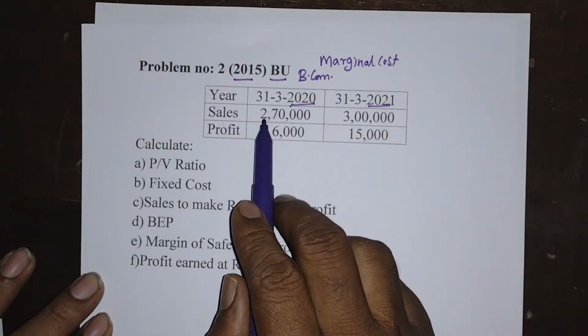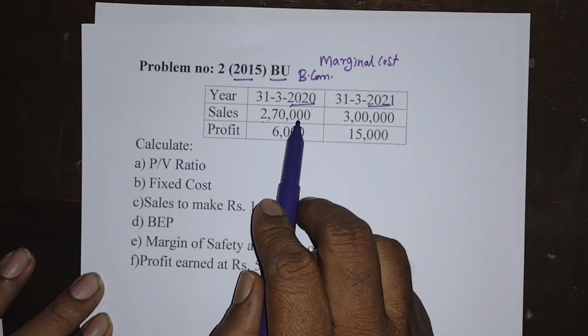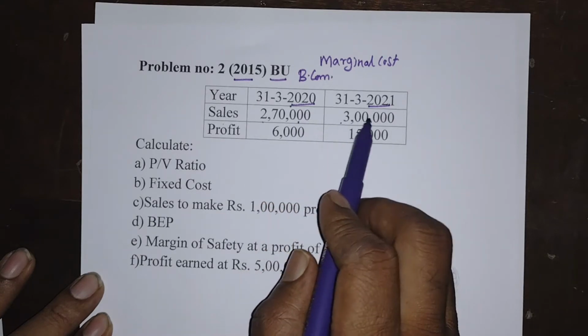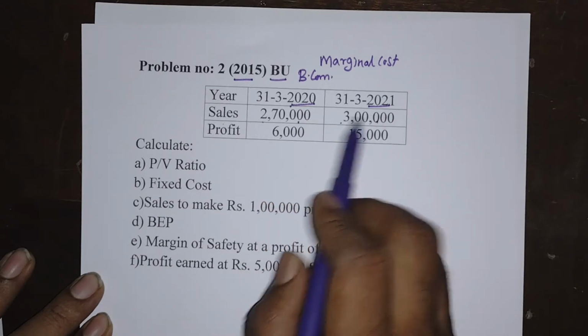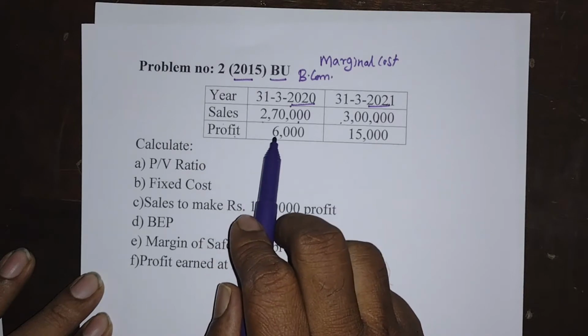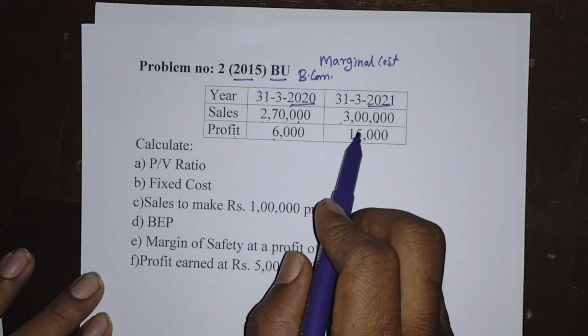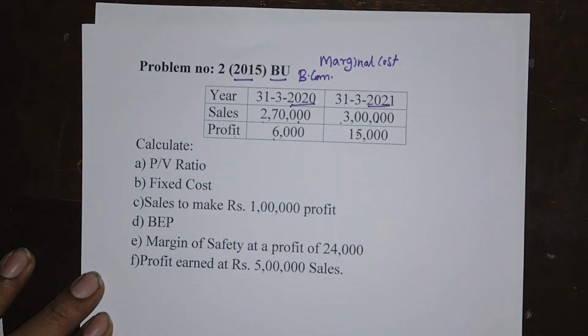Sales 2,70,000 in the first year and 3 lakhs in the next year. Profit 6,000 in the first year and 15,000 in the next year.